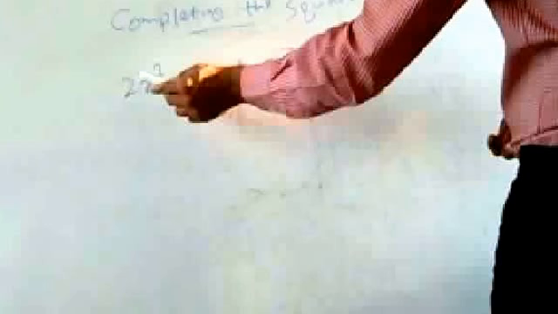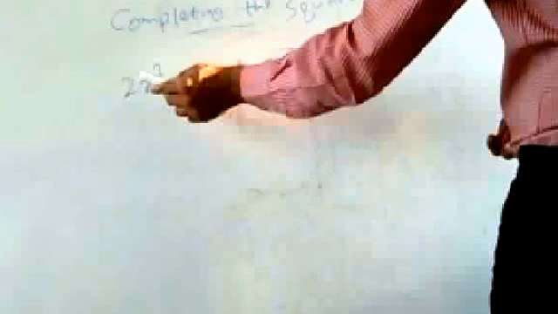In order to do that, I divide everything by 2. So 2x squared divided by 2 is x squared, minus 3x divided by 2 is minus 3x over 2, and plus 1 divided by 2 is plus 1 over 2, and 0 divided by 2 is still 0. So we got a new equation, the same equation but in a different way. The only difference is we have fractions here.